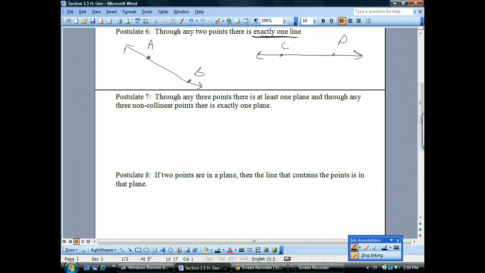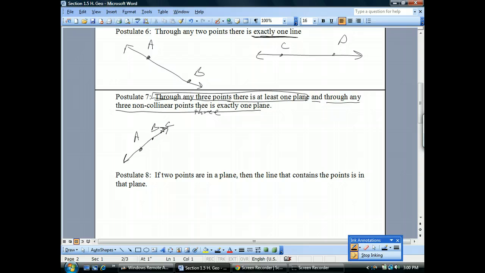Postulate number 7, through any 3 points there is at least one plane. Okay, that's the first part of the statement. And through any 3 non-collinear points, that should say 3 here, typo there, there is exactly one plane. So what that's saying is that if you have 3 points, there's at least one plane that goes through it.